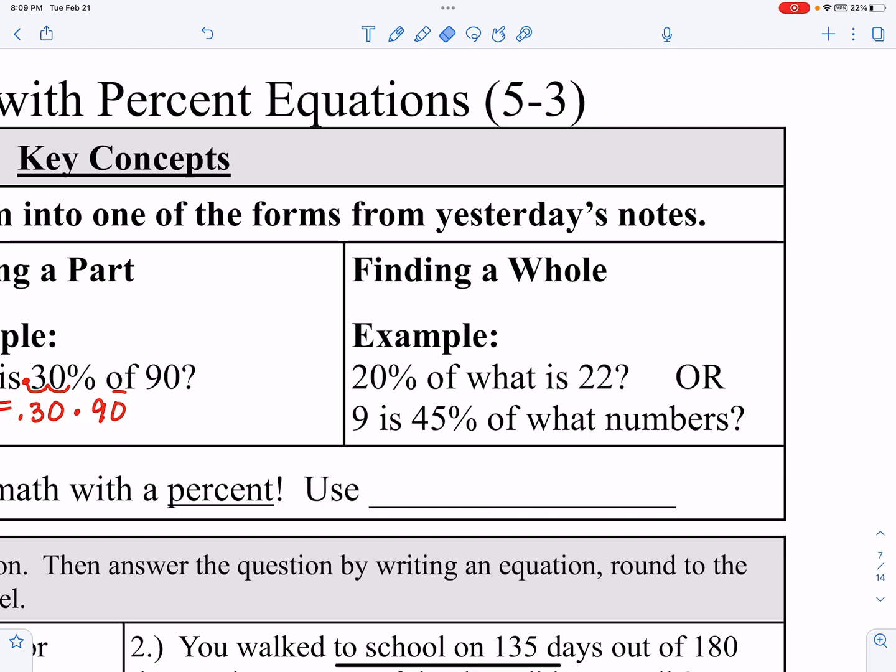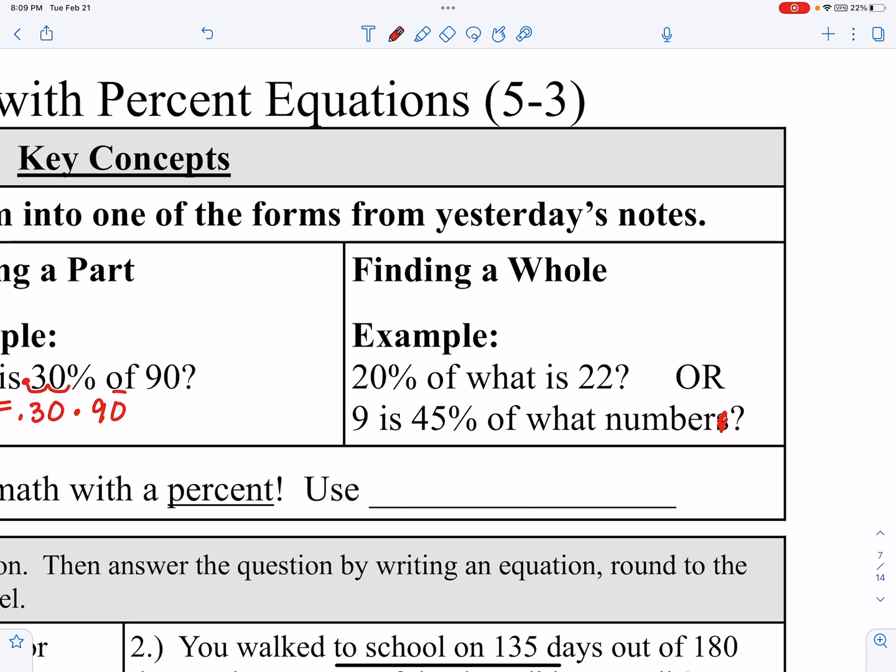So we're saying things like 20% of what whole is the number 22, or another way would be the number 9 is 45% of what whole number. Whatever makes most sense to you, pick something that you can really master and hold on to.